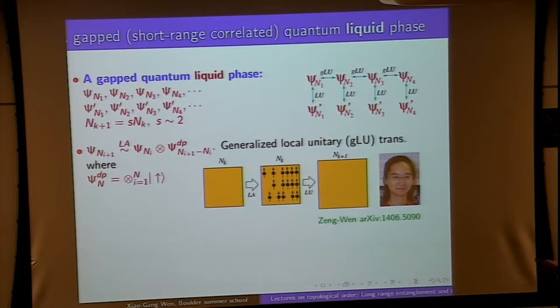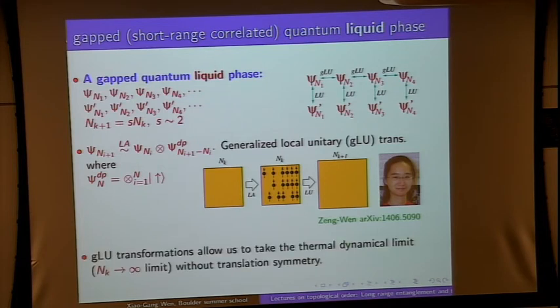Therefore, this is a generalized local unitary connecting systems of different sizes. This is a better picture. So this kind of equivalence relation defines the phase. This is one of the main messages.